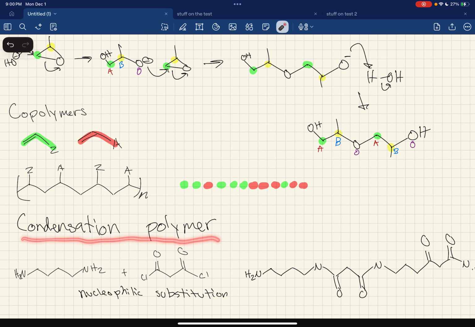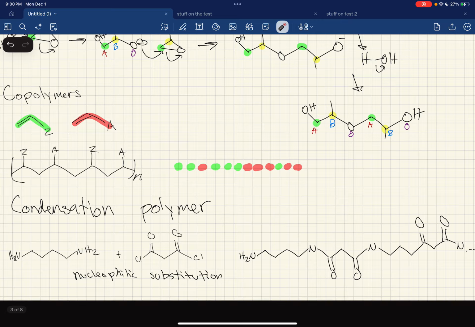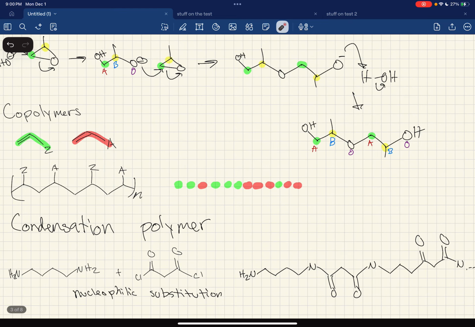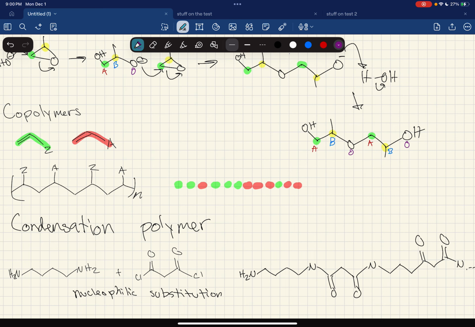Condensation polymers are using a, what is it called? It's called carbonyl substitution. That's what it is. That's wrong, isn't it? Nucleophilic substitution is kind of the same. Where this will come in and attack that. And then that will pop back up and then pop back down, and now break off as a leaving group.